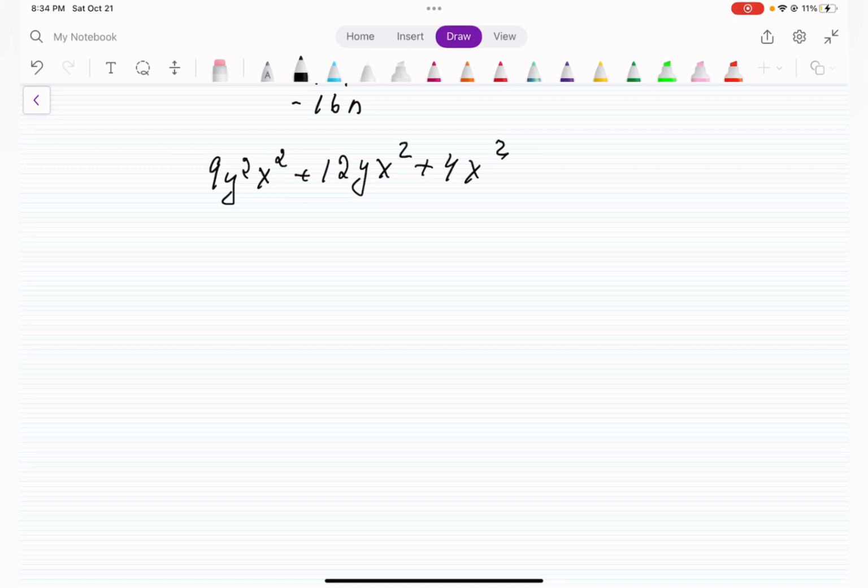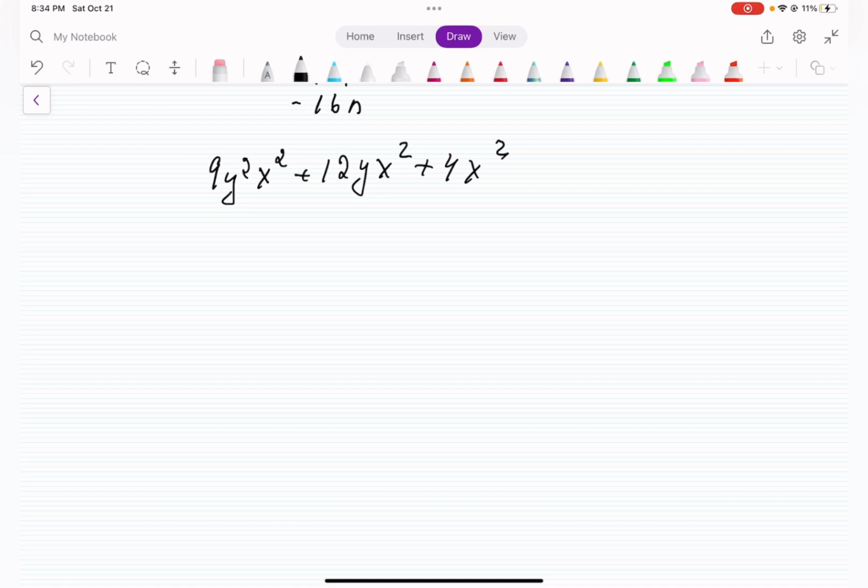So first thing, if it says factor the following, we are going to see if there is a common factor I can take out. Well, let me see, 9, 12, and 4, there is no common factor, right? Because 9 and 4 don't have any number by which they both are divisible.